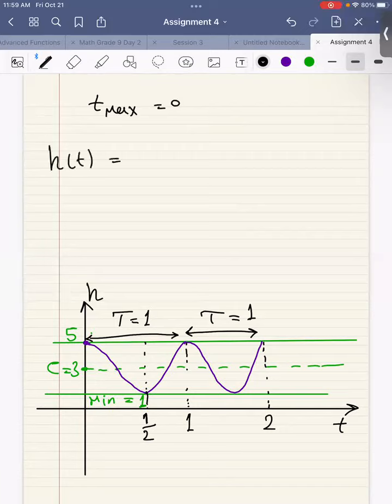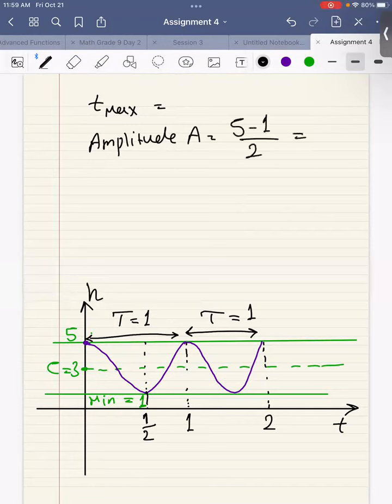So that means h of t. And what is the amplitude? You tell me the amplitude. 5 minus 1 divided by 2. Exactly. So don't forget dividing by 2. It's 5 minus 1 divided by 2, equal to 2. And t maximum is 0.